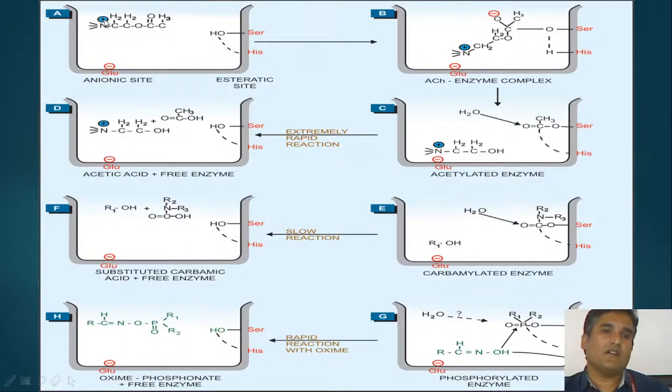Its positive charge attaches to the negative anionic site, and the other portion attaches to the esteratic site like this. Once acetylcholine fits into this active portion of acetylcholinesterase and binds to the esteratic site, hydrolysis takes place.